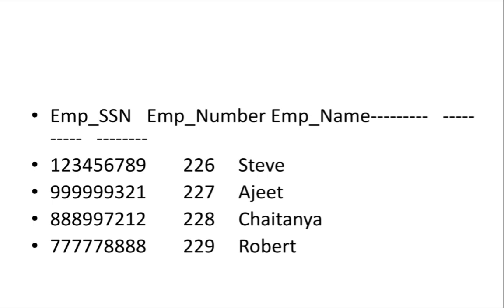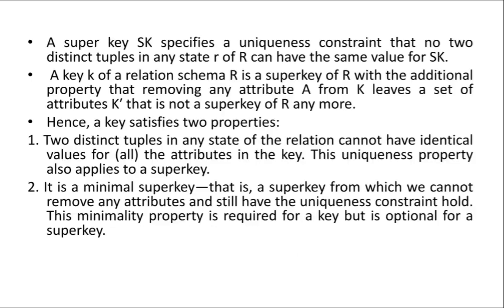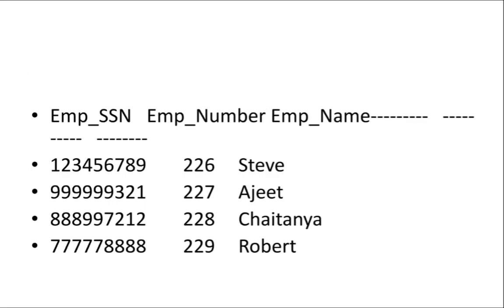That is the condition in a super key. No value should be repeated. Super key is a set of attributes that is used to identify the record, and no values are repeated. Getting guys? In the same way, what is another super key? Employee number, employee name. Again, that is also different.